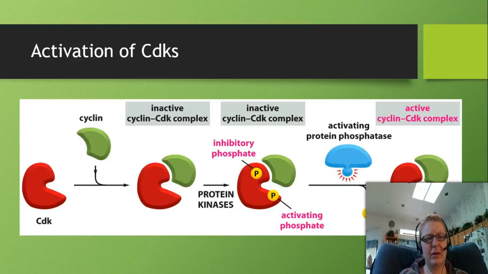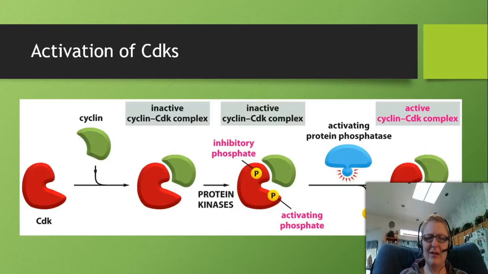So once these two come together, they form the cyclin CDK complex. Now, they're not active yet. This complex has to be phosphorylated. Now, for this process, when it first gets phosphorylated by a protein kinase, there's 3 phosphates that are put onto the CDK. There's an activating phosphate, but there's 2 inhibitory phosphates.